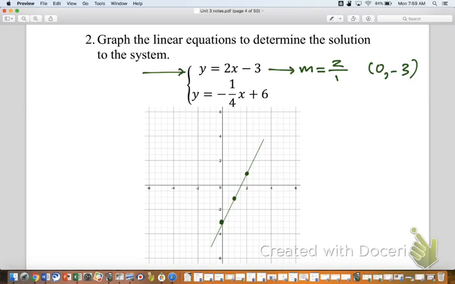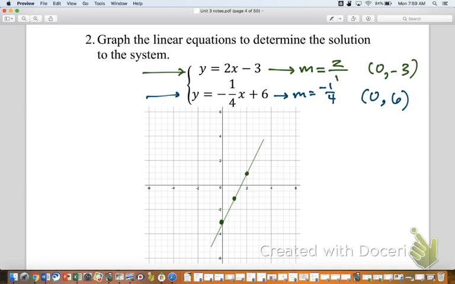Jaden, what is the slope of that one? Negative 1/4. That's exactly right. And we've got to have the point here. So Josh, what's the point on that line that we could use? 0, 6 is right. You see how everything's working out here? Let's see what the second line looks like on a graph.